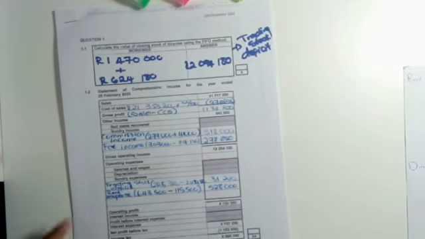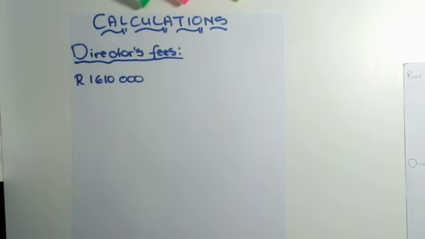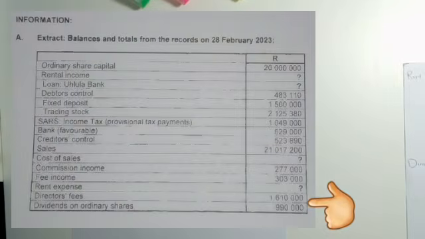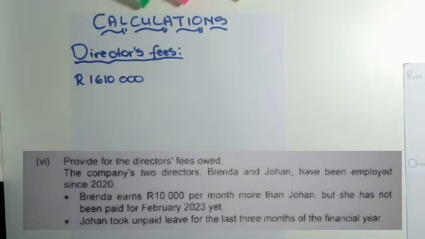528,000. Our last line item is director's fees, which has been given to us in information A as 1,610,000, and we have also been given an adjustment in Roman figure 6, and it says provide for director's fees owed. The company's 2 directors, Brenda and Johan, have been employed since 2020.